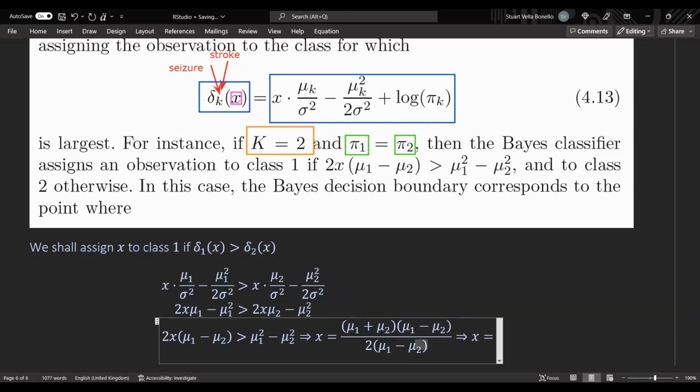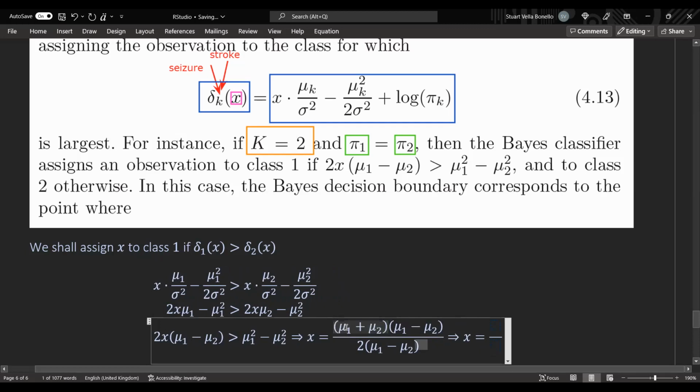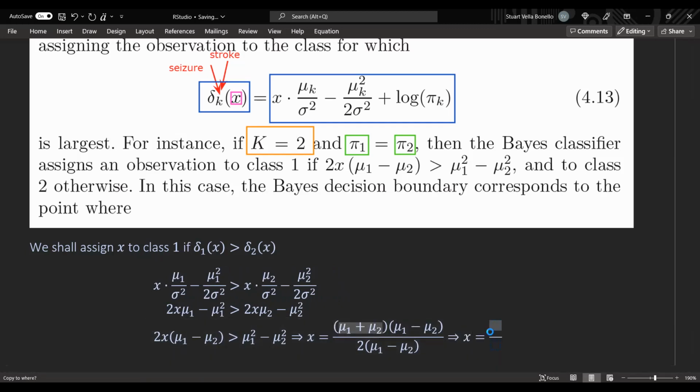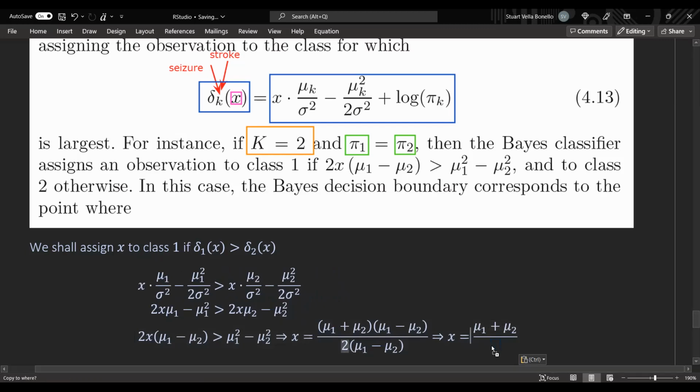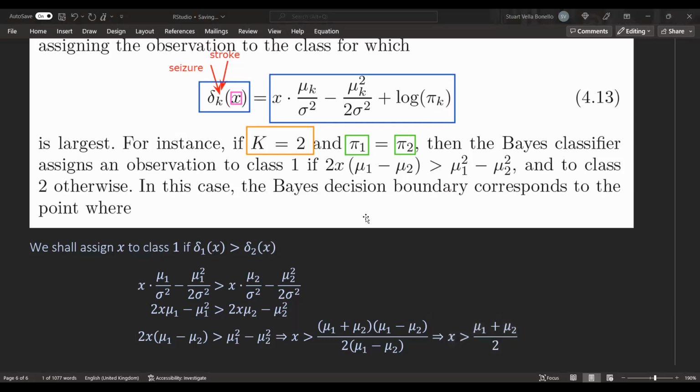Which now gives us simply the mean of the means. But this is still an inequality, isn't it? So we shall classify x into class 1 if it's greater than the mean of the means. Otherwise, class 2.